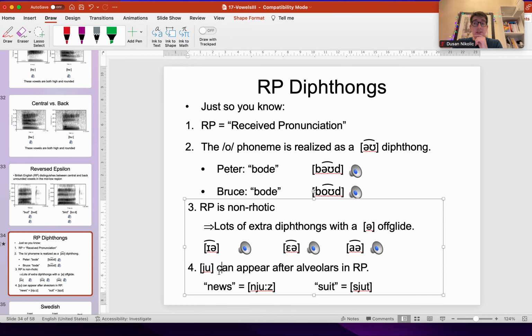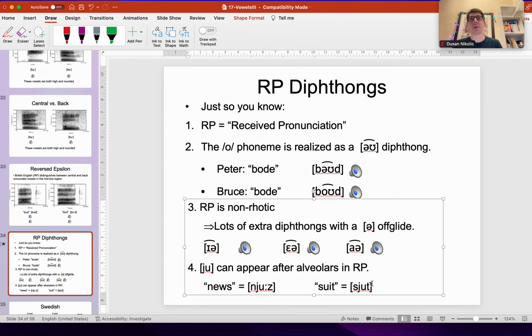Something very characteristic, or typical, of British English is, of course, U. U is also sometimes considered a diphthong, and it can appear after alveolars in RP, such as news, suit, assume, presume, and so on. A lot of these with sume, while Americans would say news, suit.